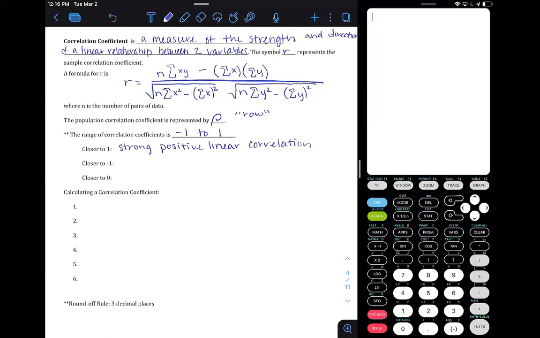The closer it is to -1 represents a strong negative linear correlation. And when it's close to 0 or is 0, we call that no correlation.